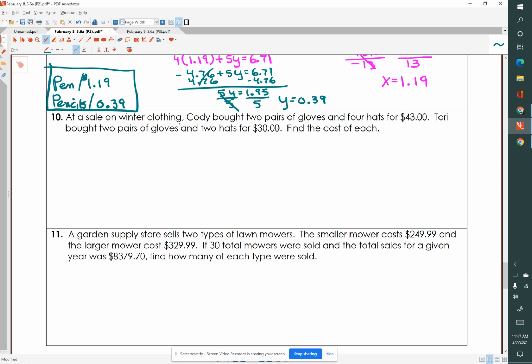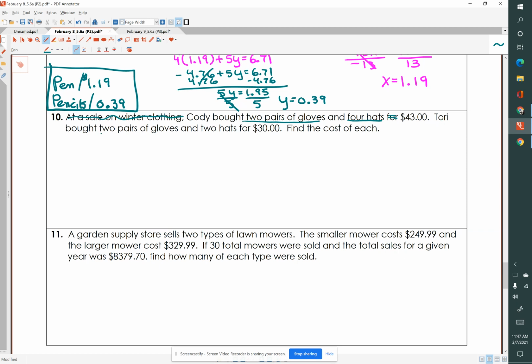At a sale on winter clothing, Cody bought 2 pairs of gloves and 4 hats for $43. There's that interesting use of the word for, meaning equal. So 2 gloves, 4 hats. Okay, good for Cody. And you know, the fact that they're on sale, not even important to this problem.